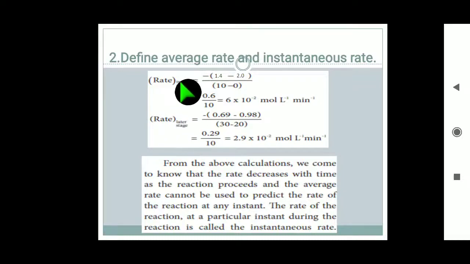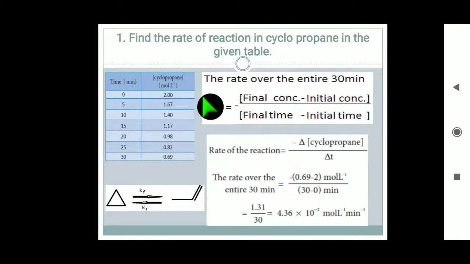So in the table, the first 10 minutes difference and the last 10 minutes difference we have to find. So 10 to 0, 30 to 20. The 30 to 20 is the last stage. 0 to 10 is the first stage. Okay.